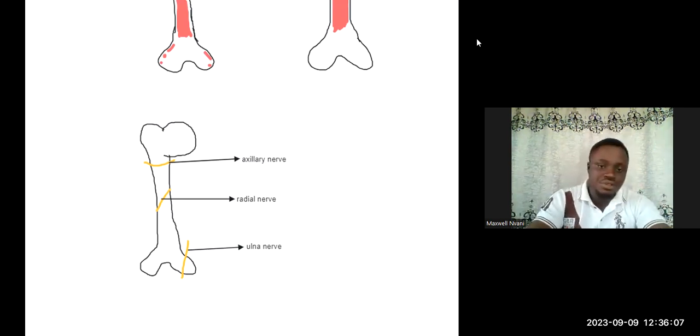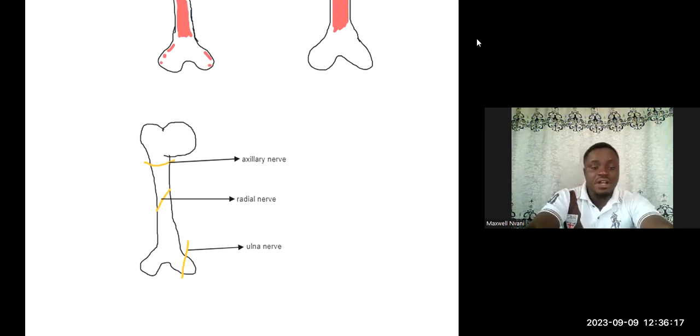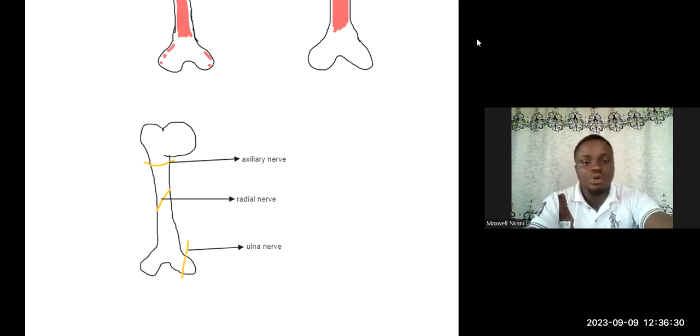And I think that should be enough for that. Another clinical anatomy is that at the lower end, if there's a supracondylar fracture, there's an artery found in the arm, the brachial artery, that will get compressed. When it gets compressed, it leads to something called Volkmann's contracture.